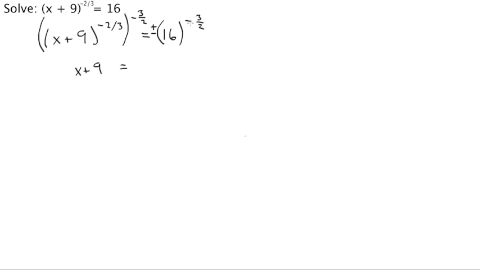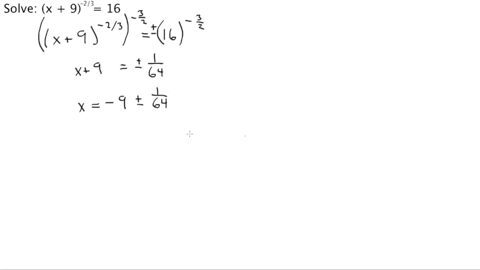And then this negative tells us to take the reciprocal. So here we have plus or minus 1 over 64. So we have that x is going to be negative 9 plus or minus 1 over 64.